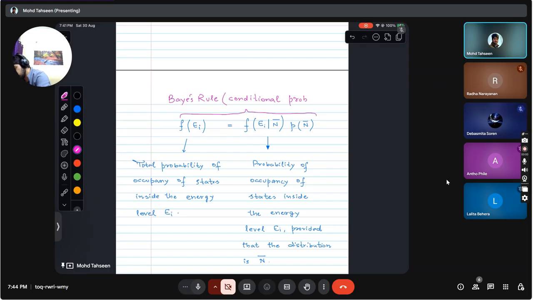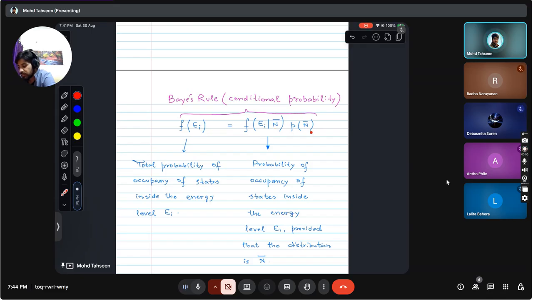Why conditional? Because we are trying to find the probability of occupancy of states in EI, provided that something is given. This condition is given. So in this case, the condition given is that the distribution is n bar.